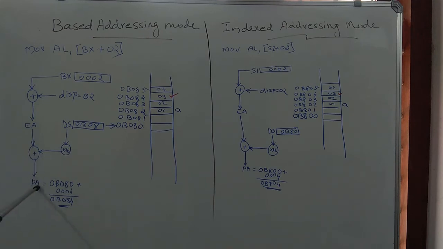It gives the physical address 0B084. That is accessing the content of this location. The value at that location is 03. So this instruction will move 03 to AL from 0B084.